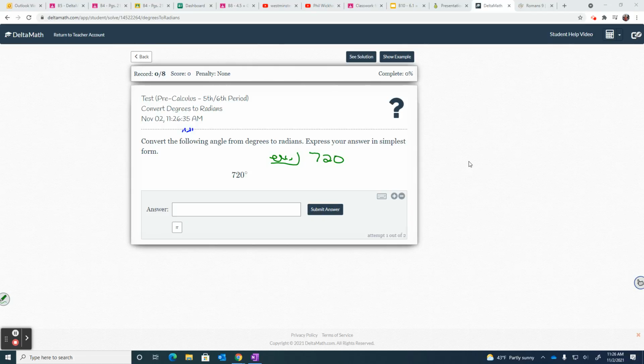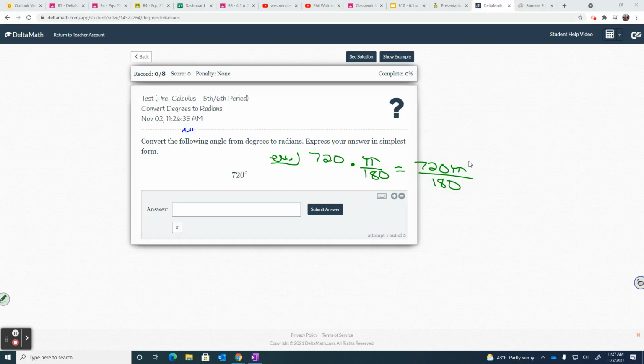So we're going to convert this to radians. It's going to do times pi over 180. That is going to be 720 pi over 180. It'll just be 4 pi.